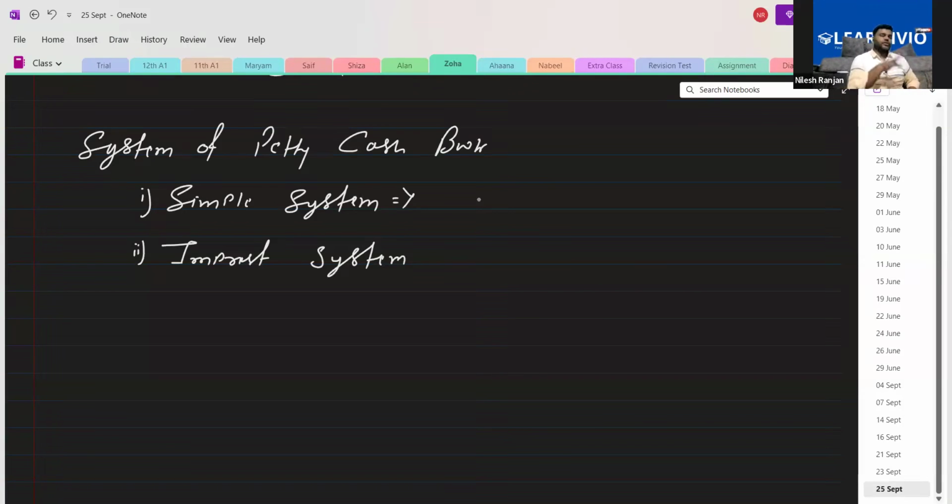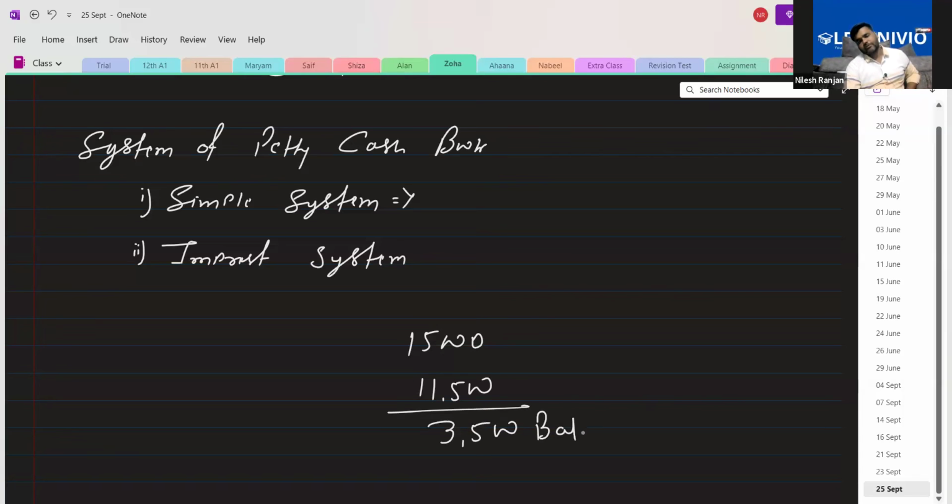So after checking the report, the main cashier will give the amount which is spent. Let's say he spent 11,500 of this 15,000. So now he has 3,500 balance on the 1st of May.